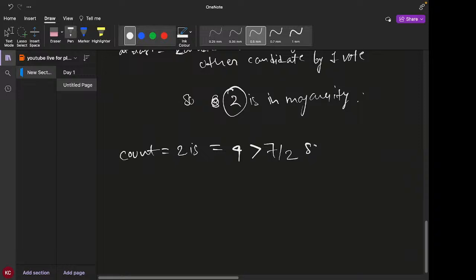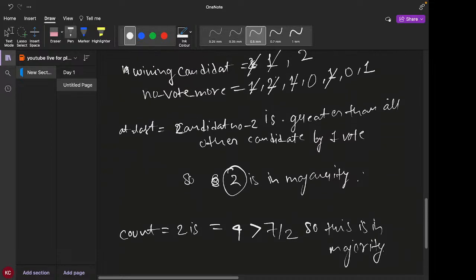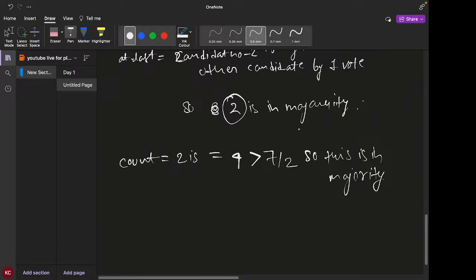So definitely it is in majority. We need this check because sometimes the last candidate will definitely have a vote count, but actually is not in majority.